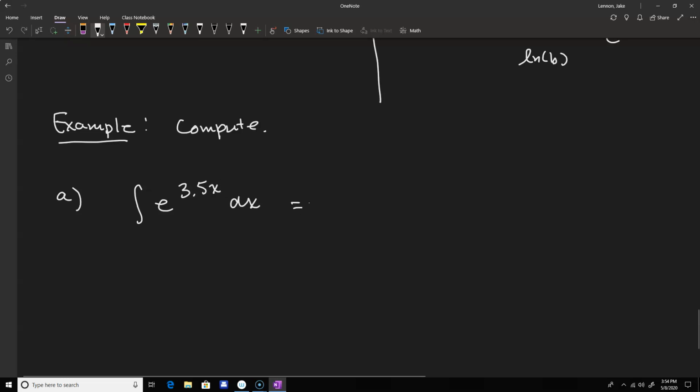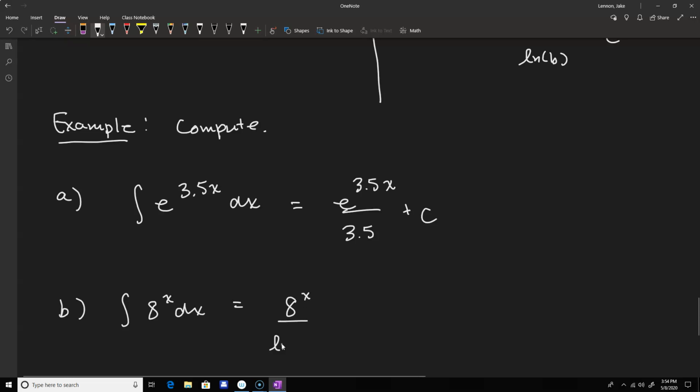Well, our antiderivative now would just be e to the 3.5x over 3.5 plus a constant. And that would be that. And say we were trying to find the antiderivative of, I don't know, 8 to the x dx. We would then have 8 to the x, and then we're dividing by the natural log of 8 plus a constant. So the only difference here is A is in continuous form, so we use rule number 1 above, and B is written in the standard form, so we're going to use the second rule.